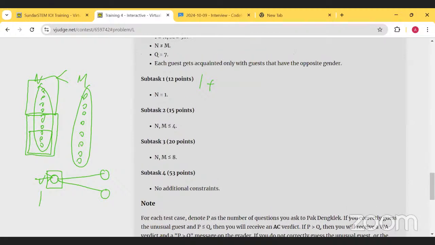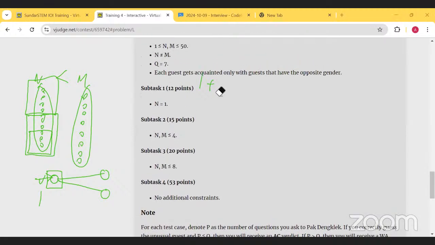Because we can make sure that there is a man paired with more than one woman, then we can just find that person.